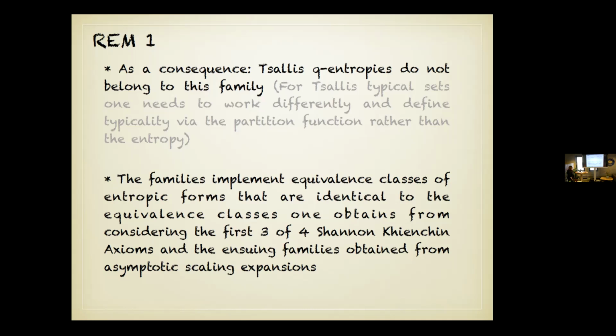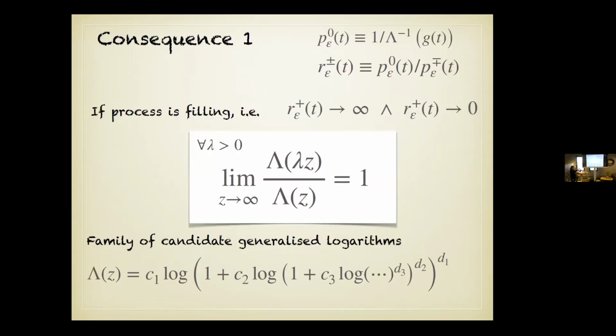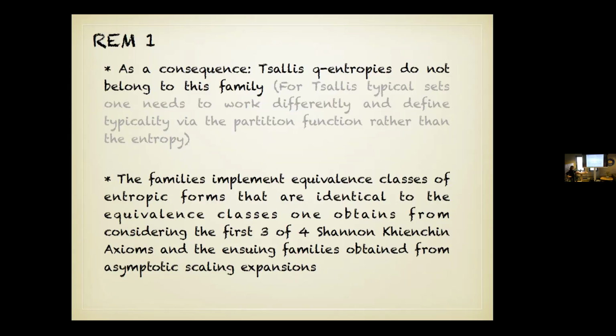Okay. The scaling expansion we were talking about, which was producing this kind of logarithms, can actually be obtained from the axiomatic approach to defining Shannon entropy. There are 4 axioms that uniquely define Shannon entropy among all possible information measures, up to a multiplicative constant, which is the Boltzmann constant, the unit of information.